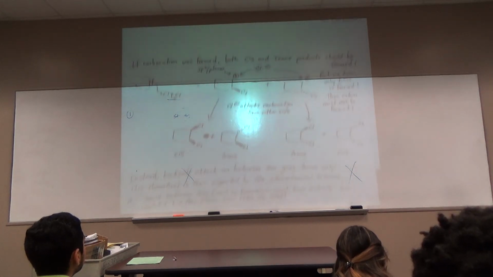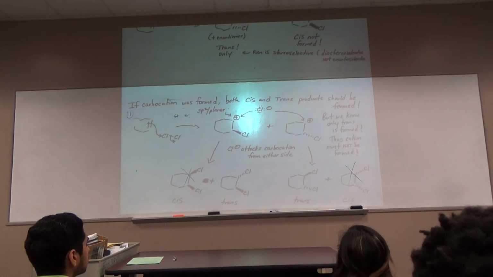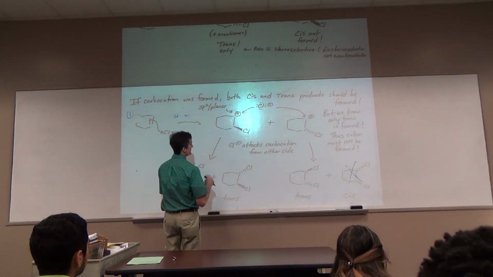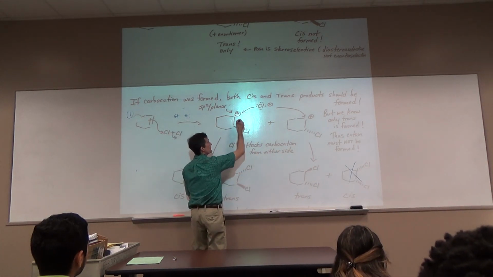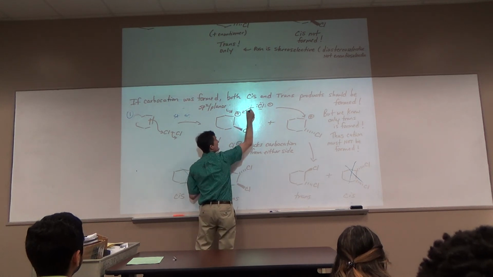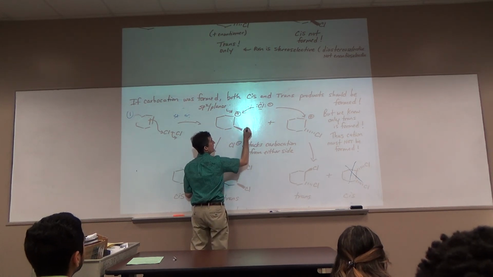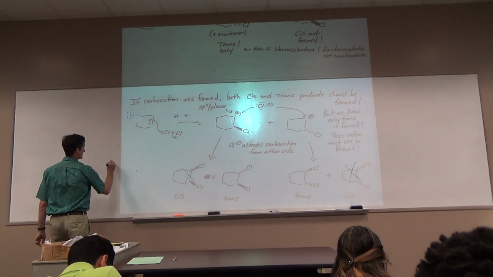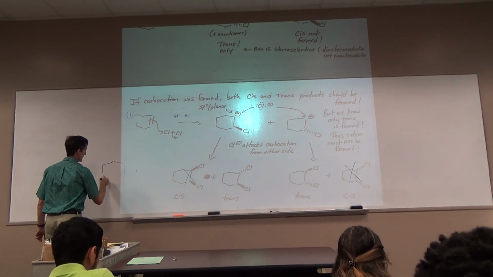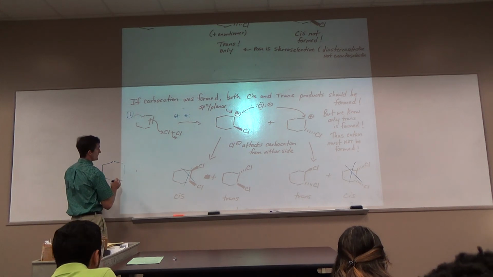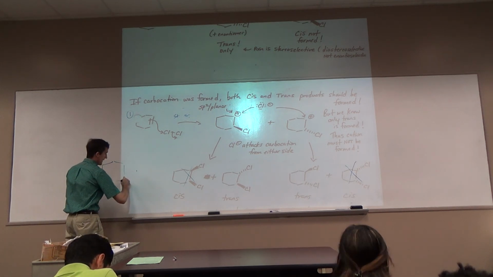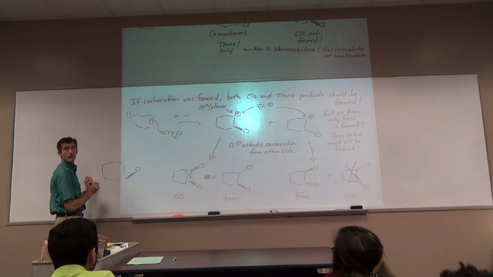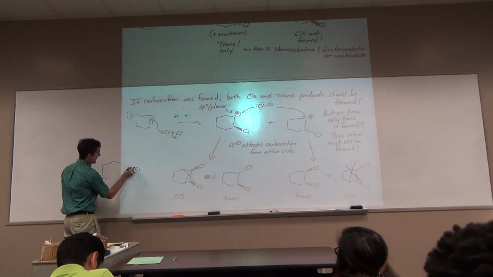Instead, what is the mechanism? I'm going to have to show it here. This is not actually formed. Instead, what happens? This back bonds, right? And what does that lead to? First off, this is bolded. Okay, let's finish this up.